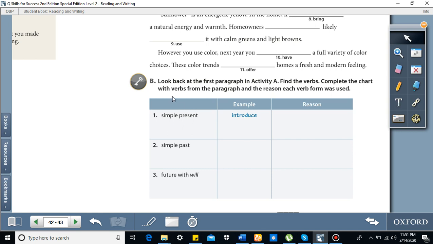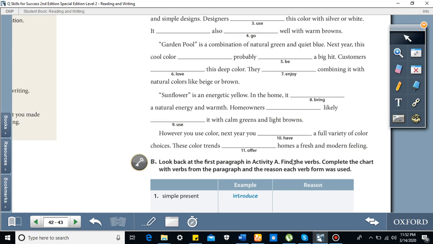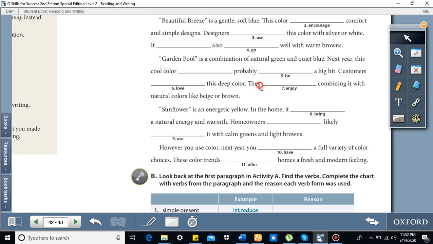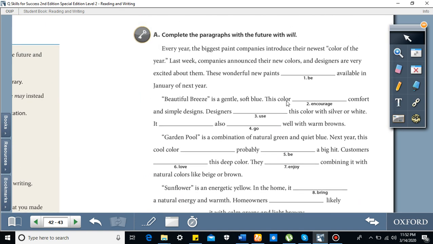Complete the chart with verbs from the paragraph and the reason each verb form was used. So for example here, simple present, introduce.